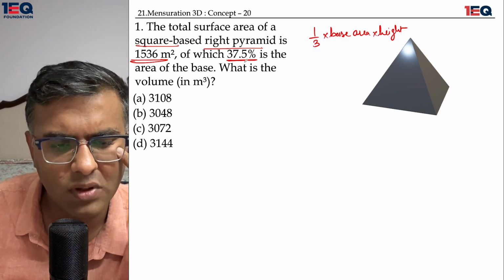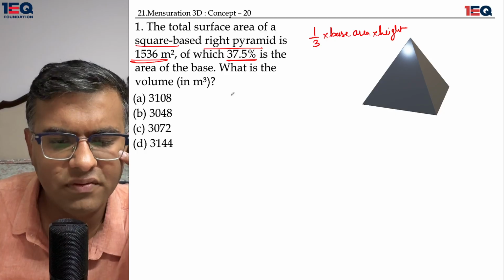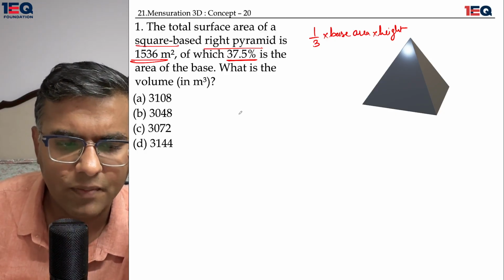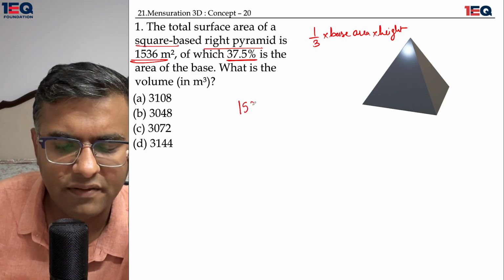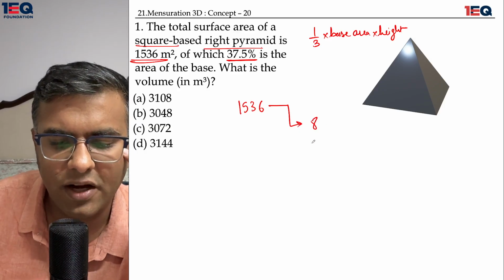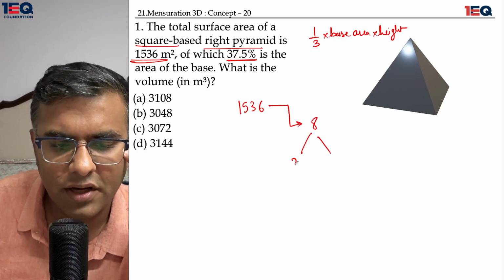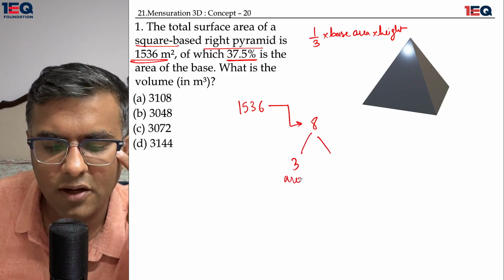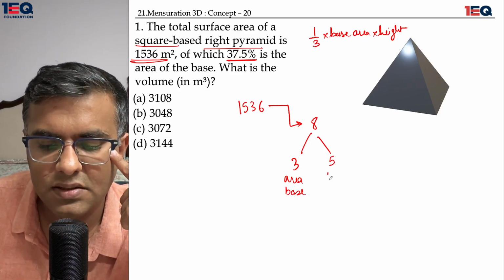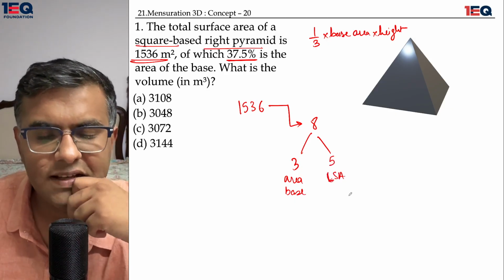We have the total surface area available, out of which 37.5 is the base area. So out of 1536, if this situation is split into 8 parts, 3 parts are the area of the base, and 5 parts is the lateral surface area or LSA.